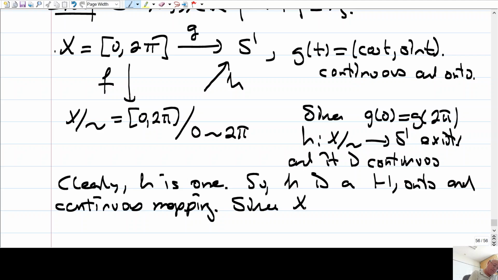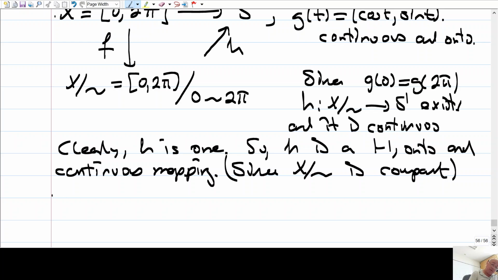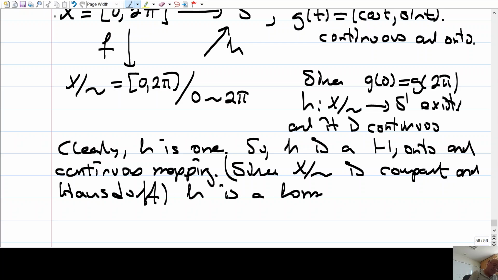Since X over tilde is compact, we will see this argument later. h is a homeomorphism. It's compact and Hausdorff, maybe I should say. I am not sure whether we need Hausdorffness, but probably Hausdorff. h is a homeomorphism. So we will see the reason why this is a homeomorphism later, but that's the fact. Okay.